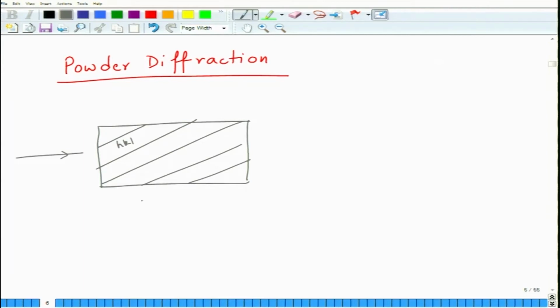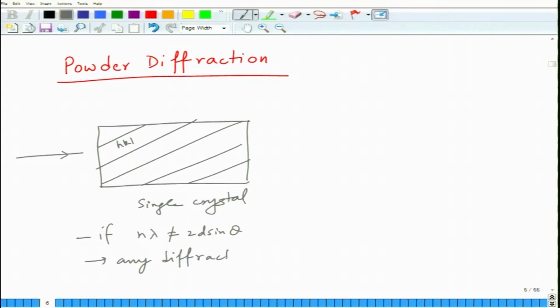This is in case of single crystal. So, if n lambda is not equal to 2d sin theta, you will have no diffraction, okay, if this equation is not satisfied.